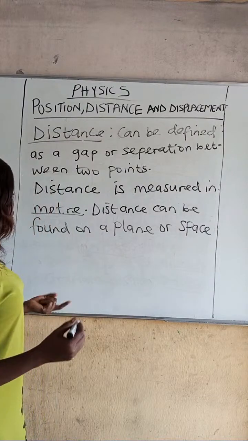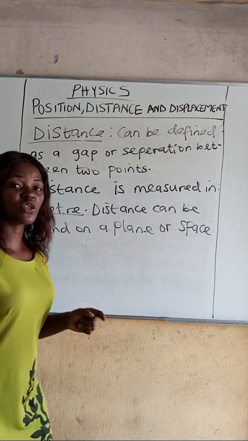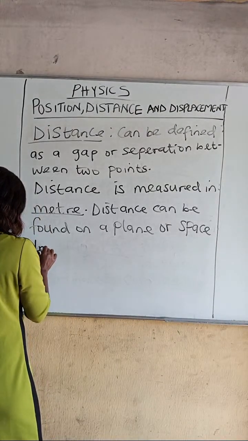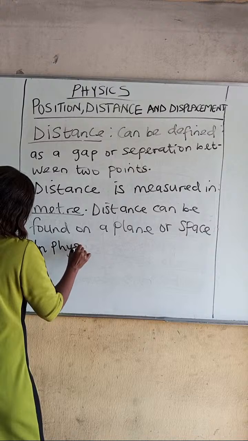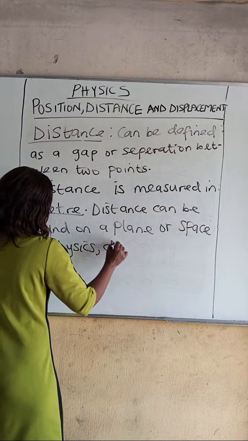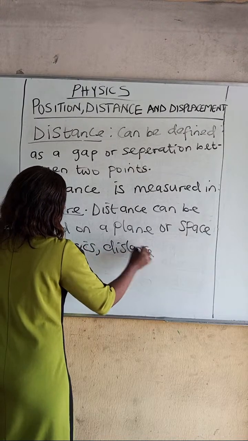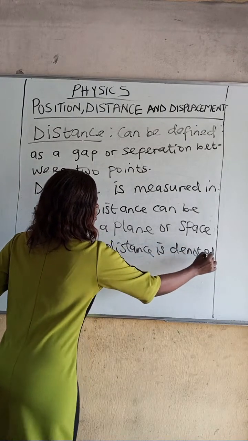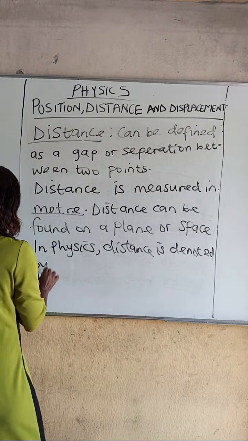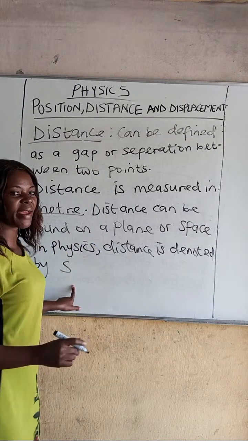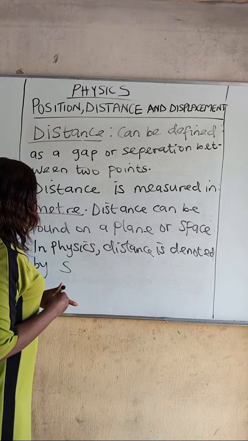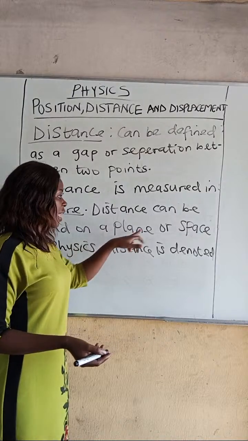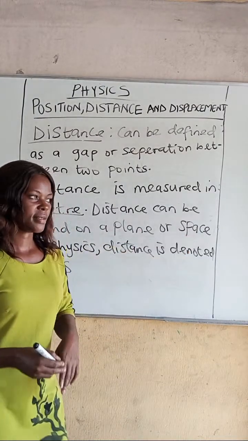In physics, distance is denoted by x. Now I'm going to show you the formulas we're going to use to find distance in a plane and also in space.